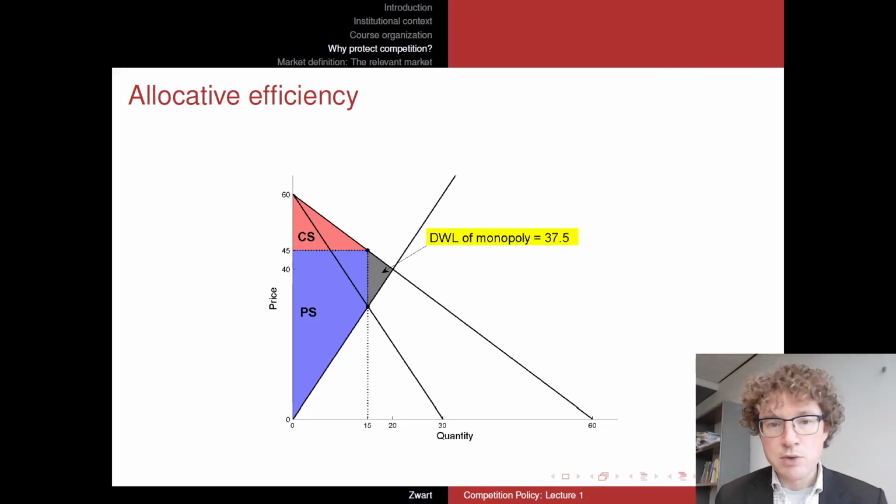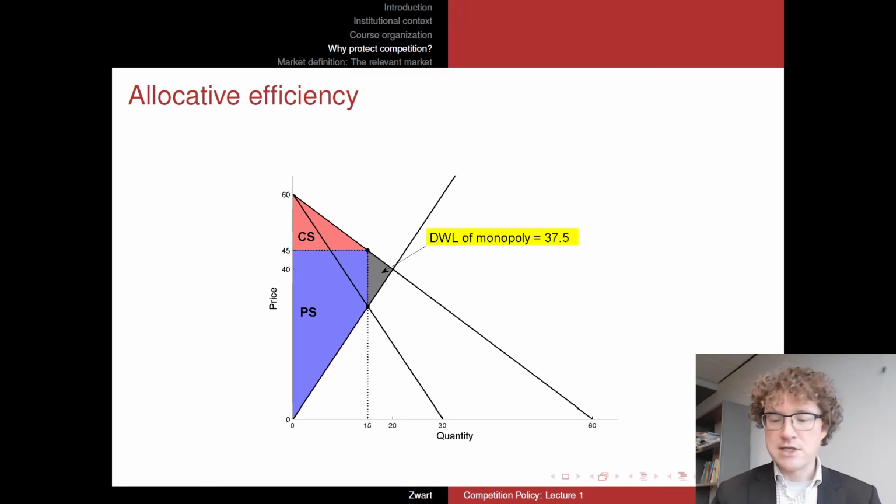So what you see is that this colored area gets smaller and also gets redistributed. There's surplus flowing from consumers to producers, as you know. But in particular, this gray area, which we call the deadweight loss, measures the loss of allocative efficiency.